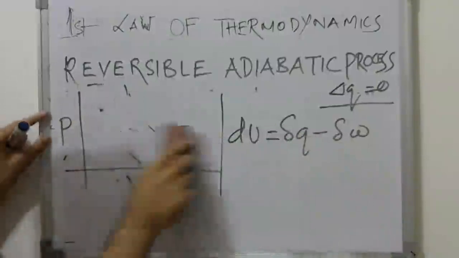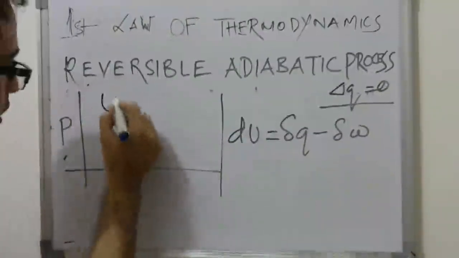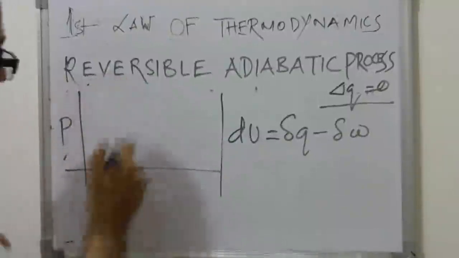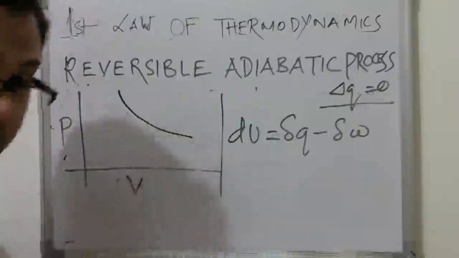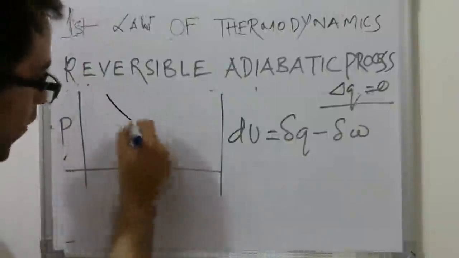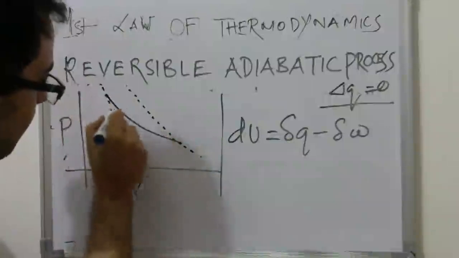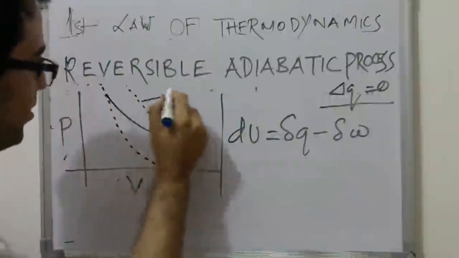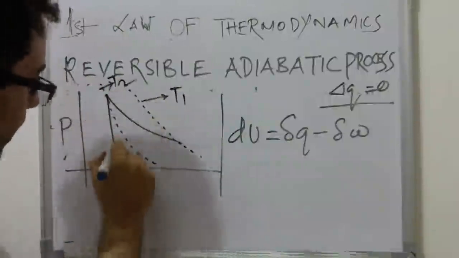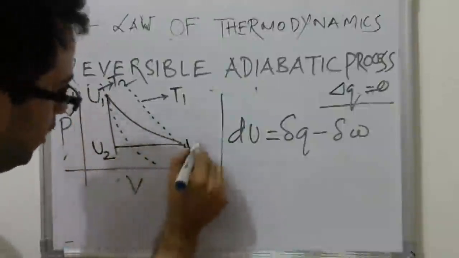To do that, I will just delete this part and write. Remember, it doesn't fall on any isotherm. This is T1, this is T2. This is say U1, U2 and U3.